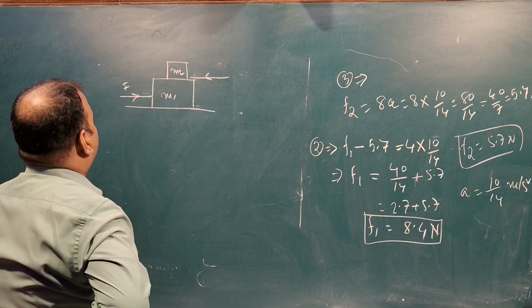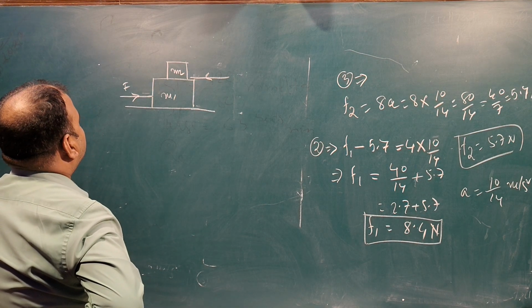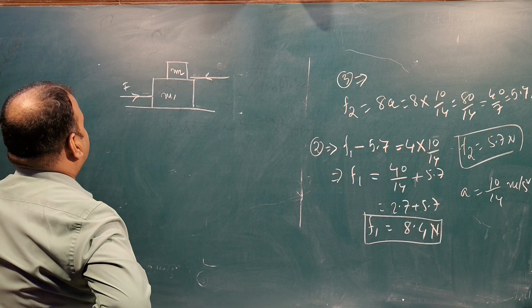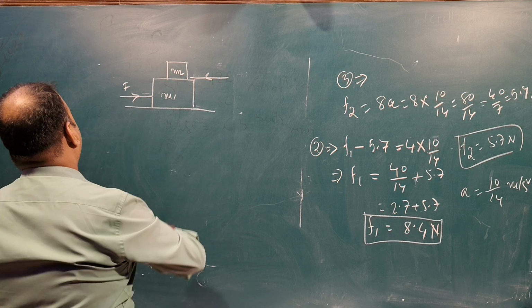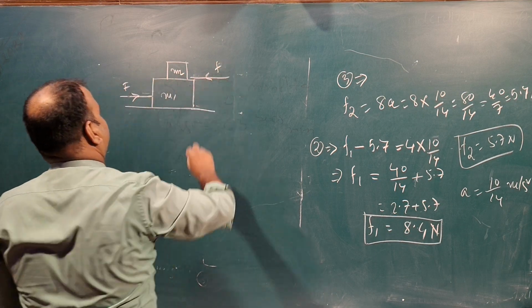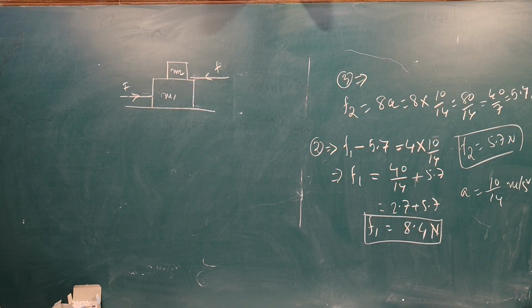So that is why you have to remember this diagram in this way. So this is the applied force, this is the frictional force. So in this case, what will you do? First you have to calculate the value of f.